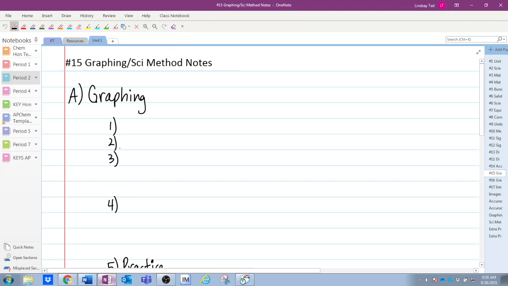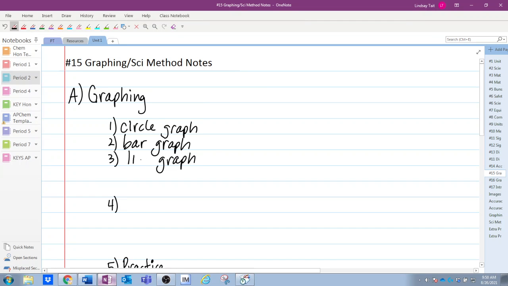Okay, guys, if we could put away our worksheet for a minute and come here to our notes, that would be great. All right, we have a circle graph, we have a bar graph, and we have a line graph. Circle graph, bar graph, line graph.